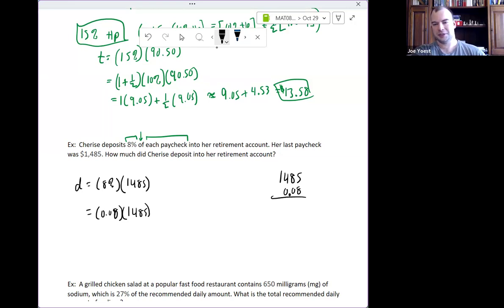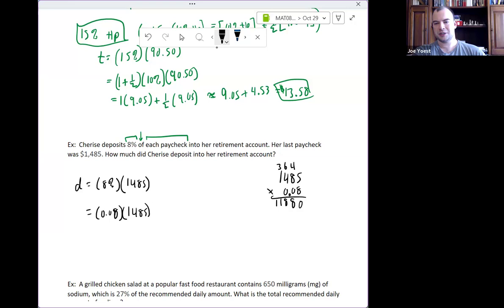So we do this multiplication. 5 times 8 is 40, write the 0, carry the 4. 8 times 8 is 64, plus 4 is 68, write the 8, carry the 6. 8 times 4 is 32, plus 6 is 38. Write the 8, carry the 3. 8 times 1 is 8, plus 3 is 11. So I get 11880.